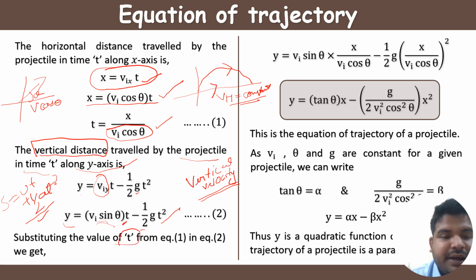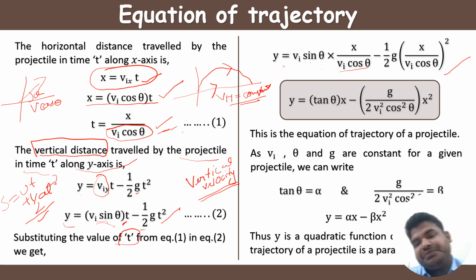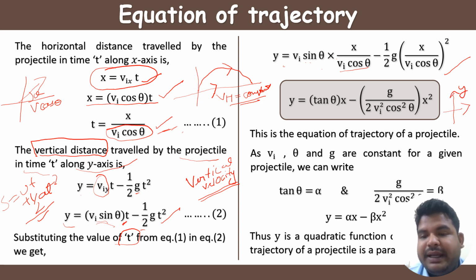Substituting the value of t from the first equation, we will get y equal to vi sin theta times x by vi cos theta, minus half g times x by vi cos theta, whole square. Now you get the relation between y and x.